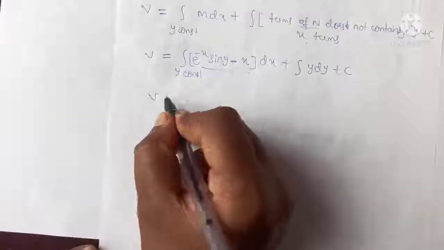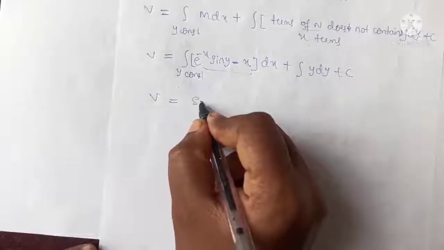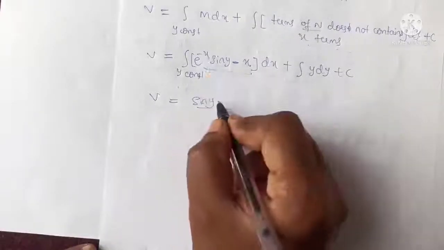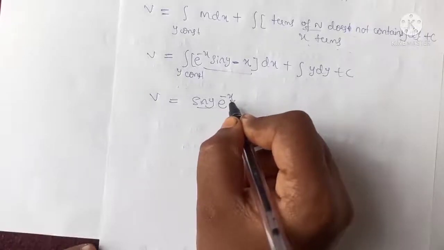So v is equal to, treating y as constant, sin y times the integral of e raised to minus x, which is minus e raised to minus x.